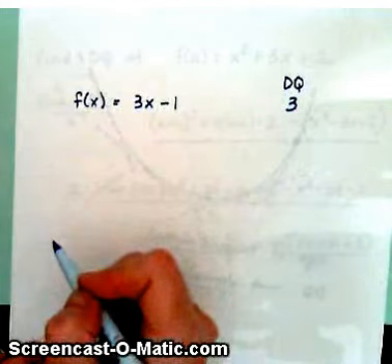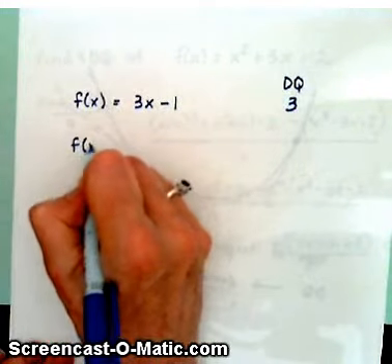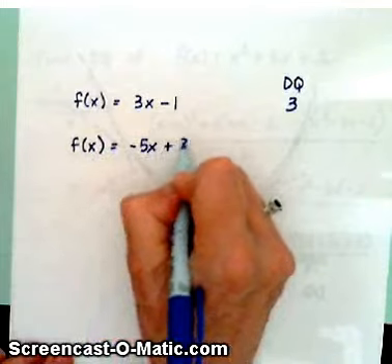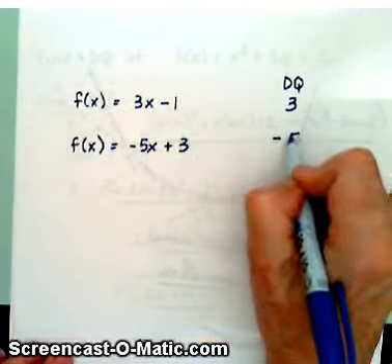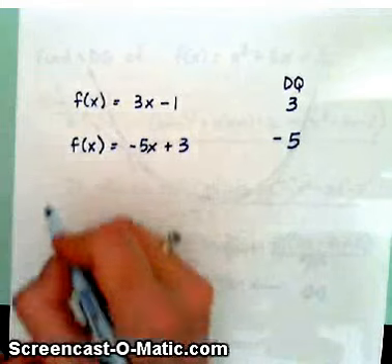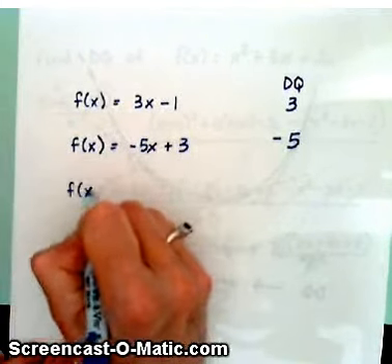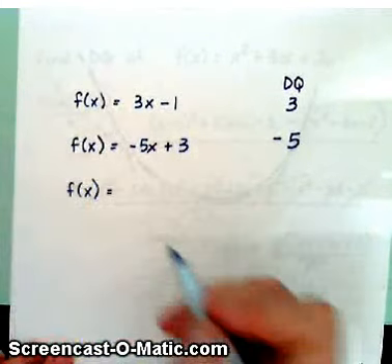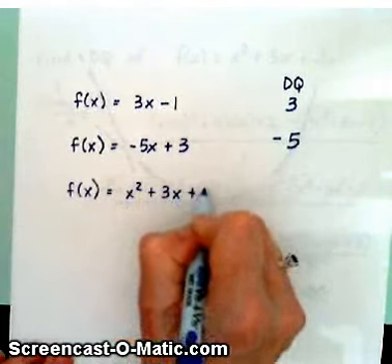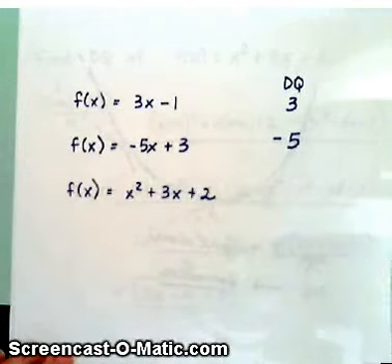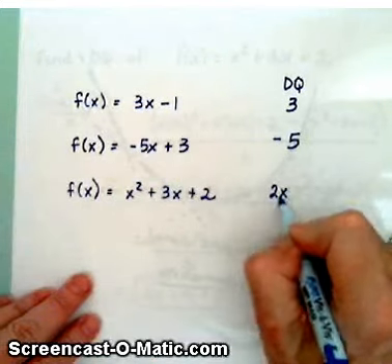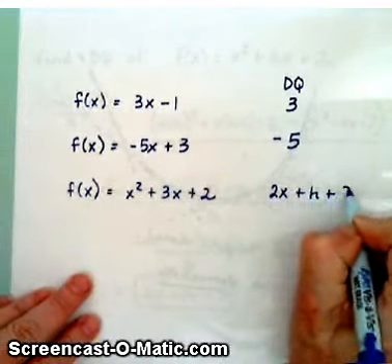The second example we did was f of x equals negative 5x plus 3, and it just so happened the difference quotient was negative 5. The third example we did was a quadratic, x squared plus 3x plus 2, and the difference quotient turned out to be 2x plus h plus 3.